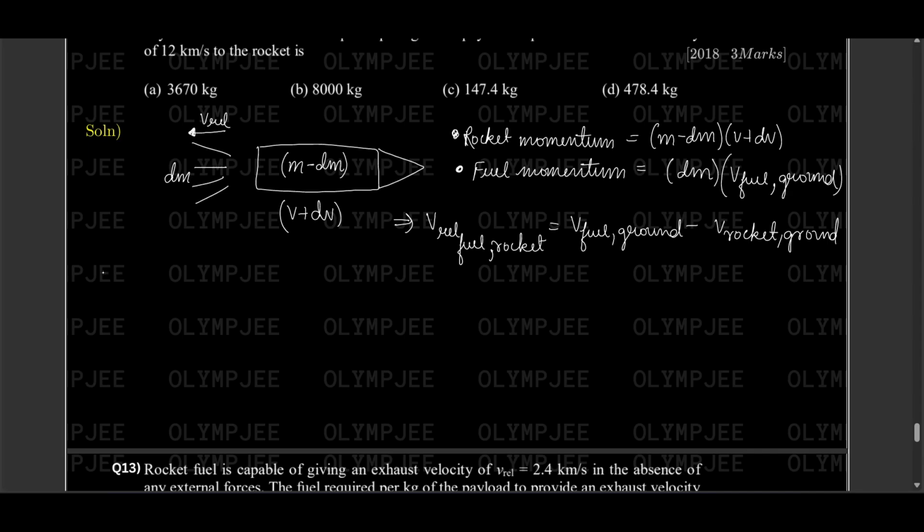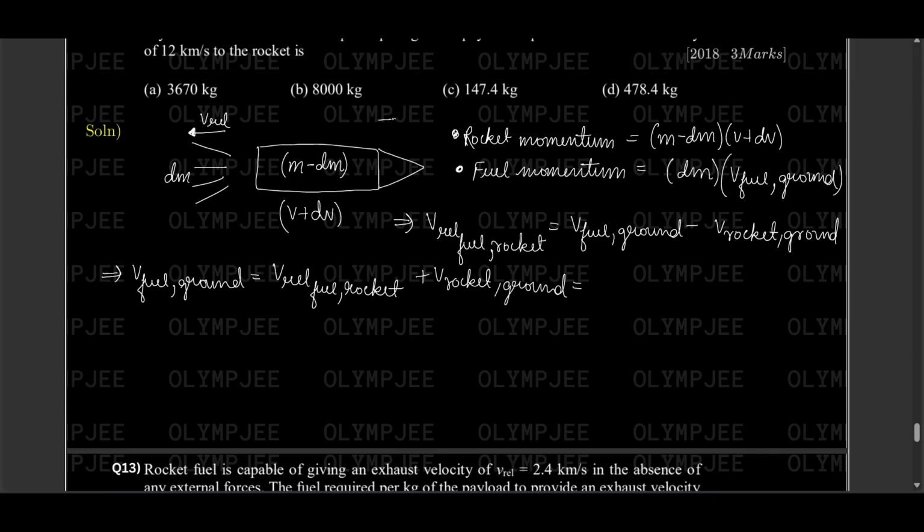So from here we will get that the velocity of fuel with respect to ground is equal to the relative velocity of fuel with respect to rocket plus the velocity of rocket with respect to ground.